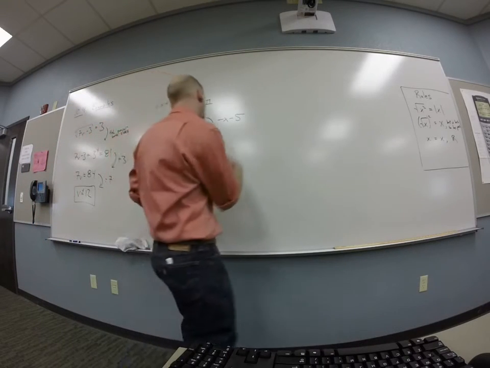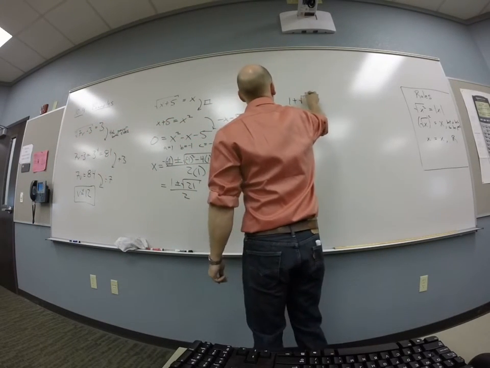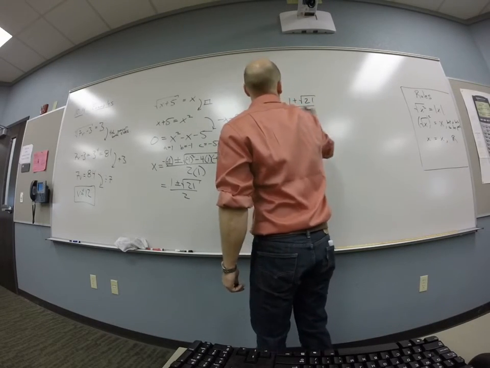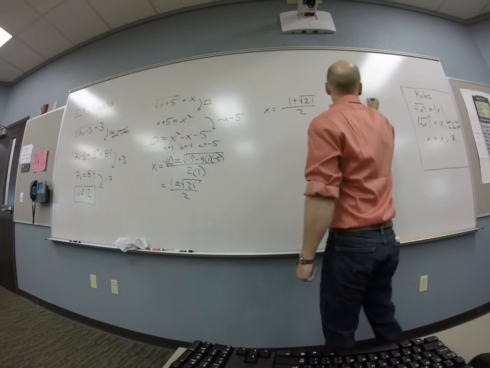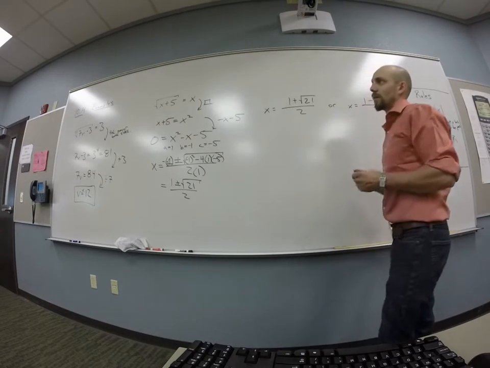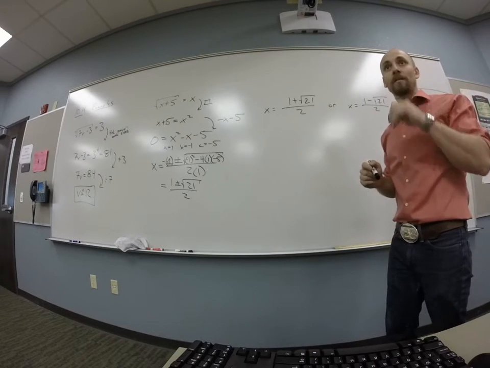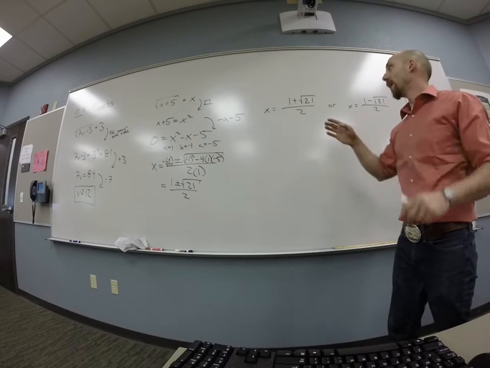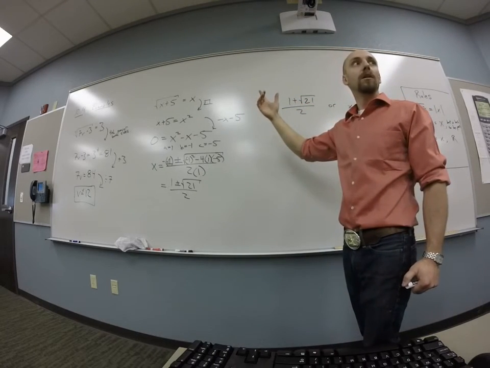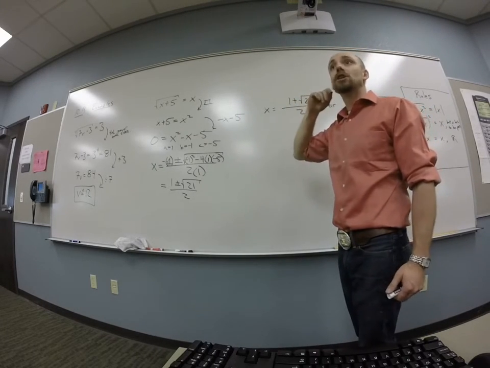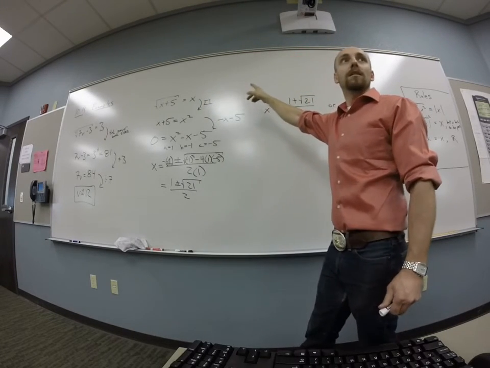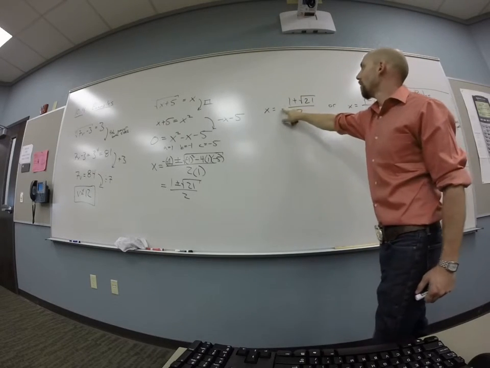Okay, so I need to know if 1 plus square root of 21 over 2 is going to fit. Are you trying to say that you're gonna put that in and add the 5? Yeah, I just want to know if when I add 5 to this, can I take the square root? I'm not actually checking. I'm just saying, does this thing fit in this guy?